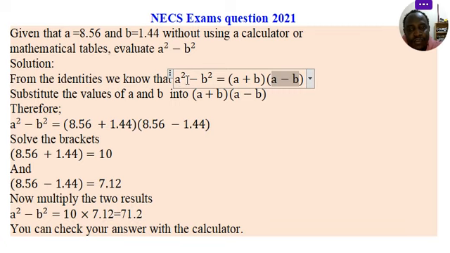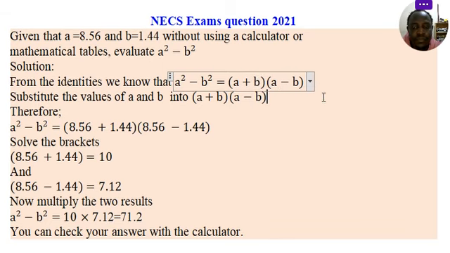So in other words, it will be the sum of the square root of a squared, which is a, plus the square root of b squared, which is b. We add them and then we multiply by the difference. Difference is subtraction.